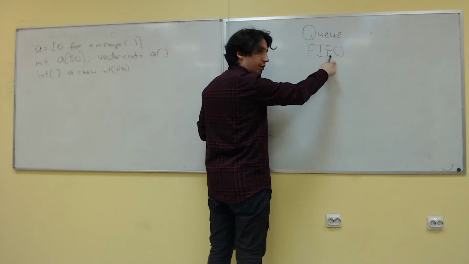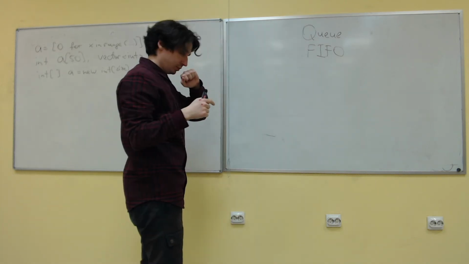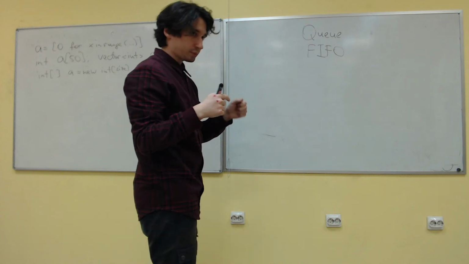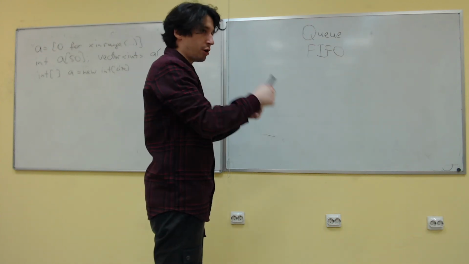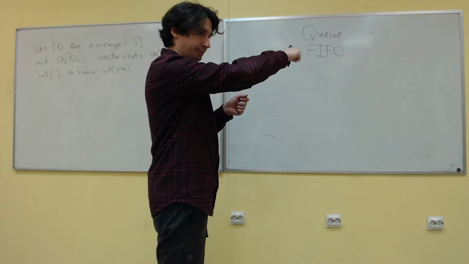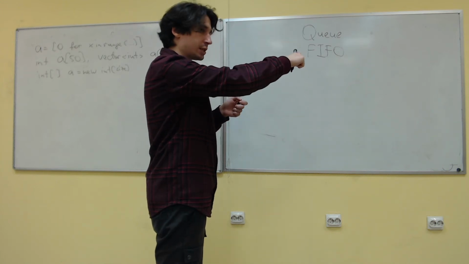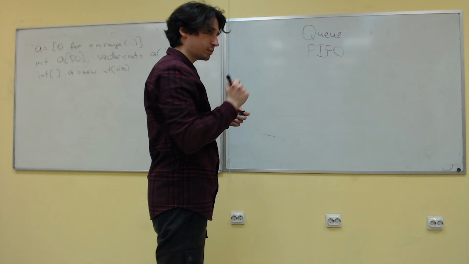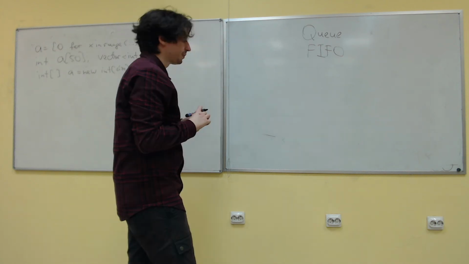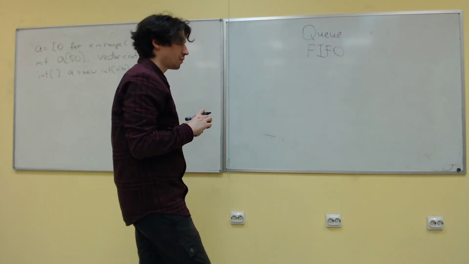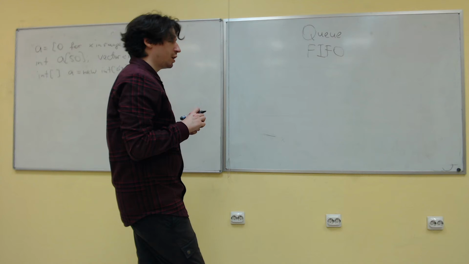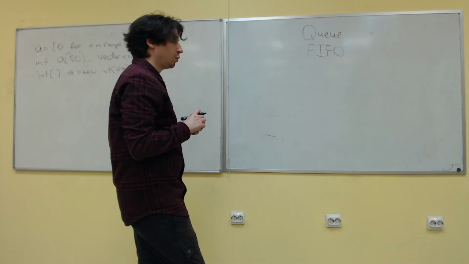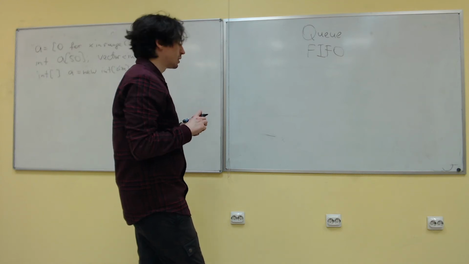You can think of it as a standard queue of people where you just join the queue and the first guy at the front is the first one processed. Yeah, that's a good word.